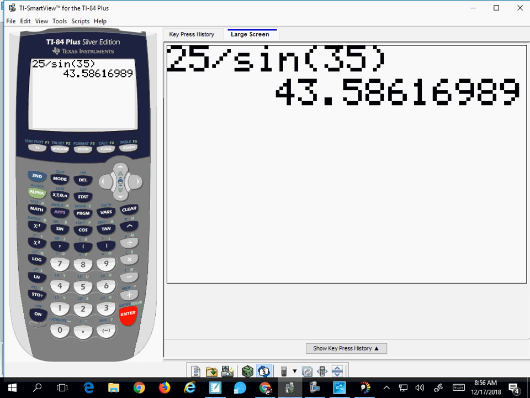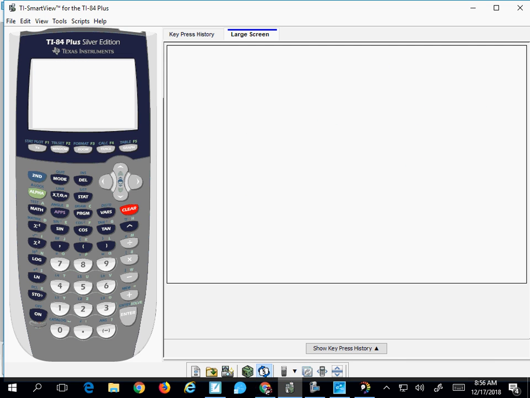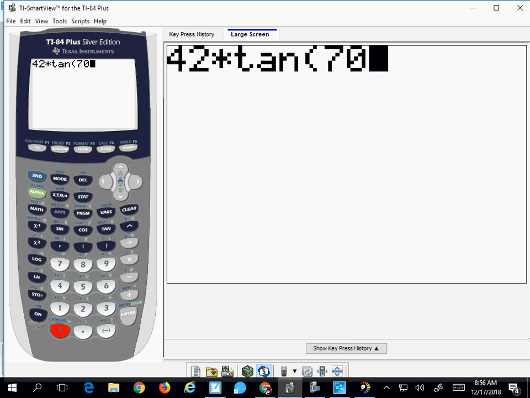So we have 42. No matter what operation you're doing, always, always, always type your side length in first. So 42, and we're multiplying, and then tangent 70, close parentheses.